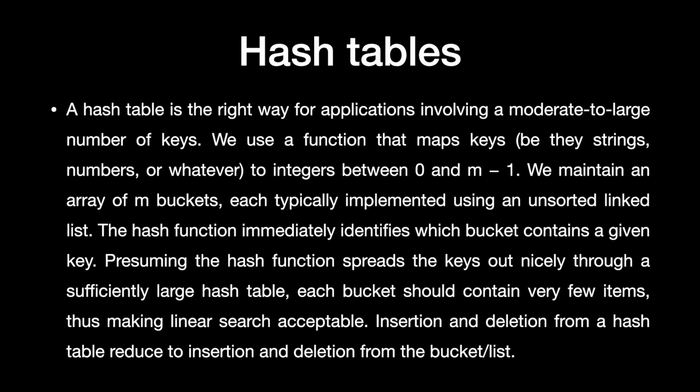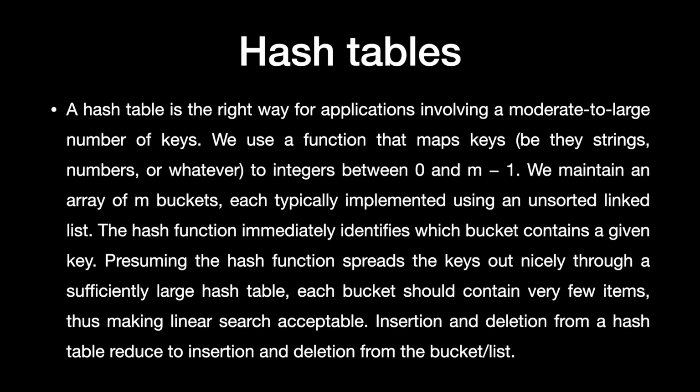Hash tables. A hash table is the right way for applications involving a moderate to large number of keys. We use a function that maps keys, be they strings, numbers, or whatever, to integers between 0 and m-1. We maintain an array of m buckets, each typically implemented using an unsorted linked list.